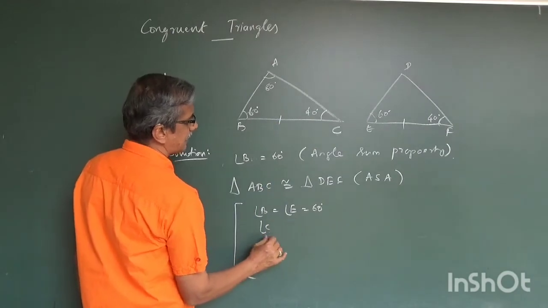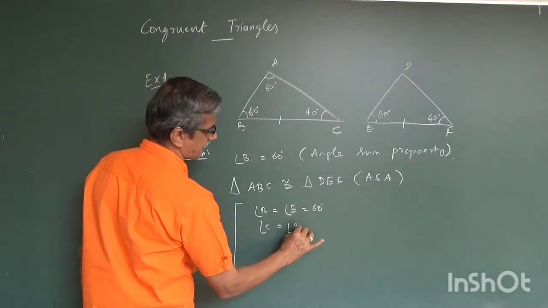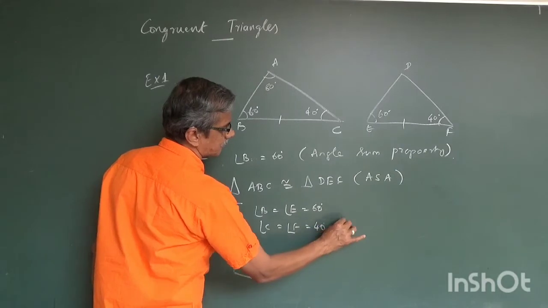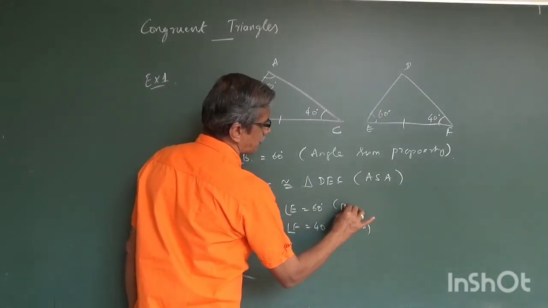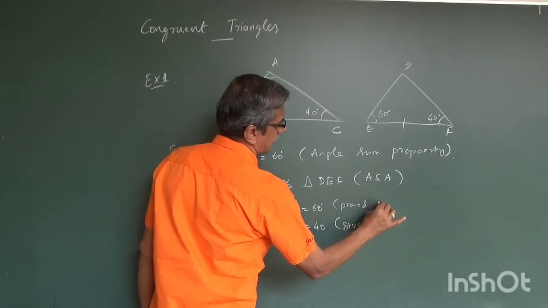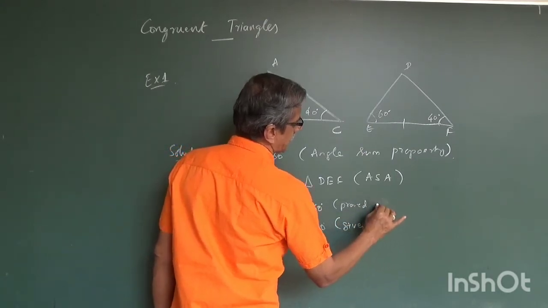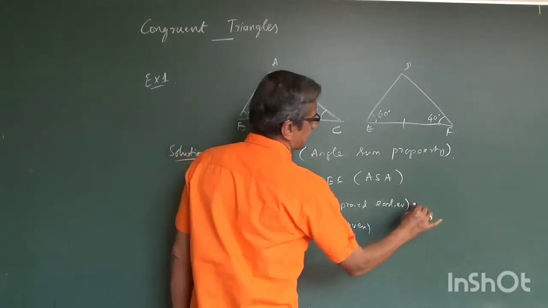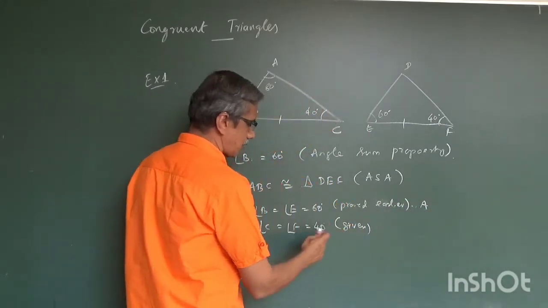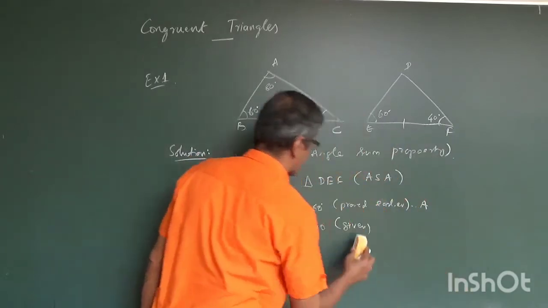And then angle C is equal to angle F is equal to 40. This is given. This is proved above. Proved earlier. This is an angle, and this is also an angle, so we will write it last.